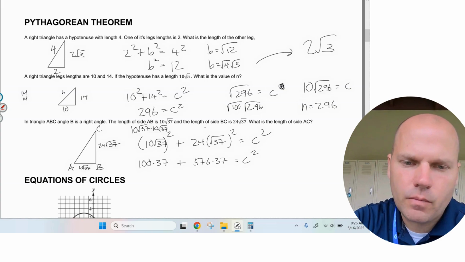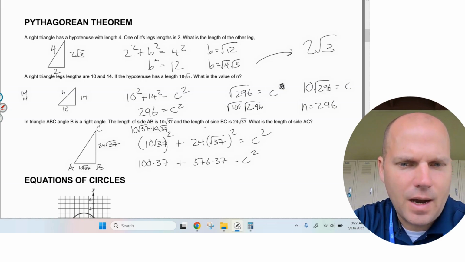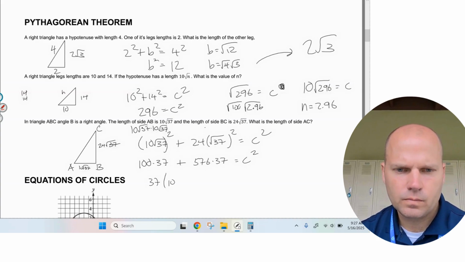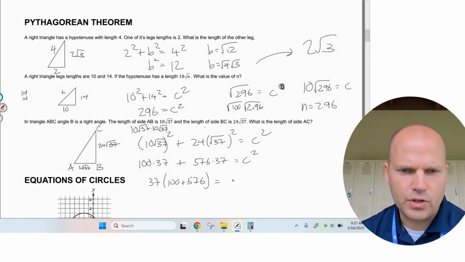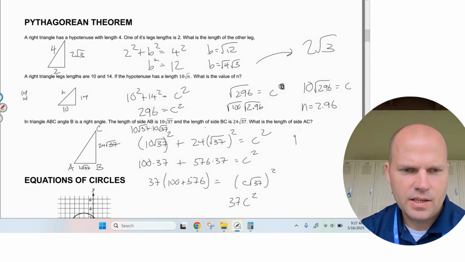Worried about the root 37s. Can I just use 10 and 24 and not worry about the root 37? I guess I can, because I could factor out this 37, and I can divide those away and just get that c squared equals, I think it was the intention of this.